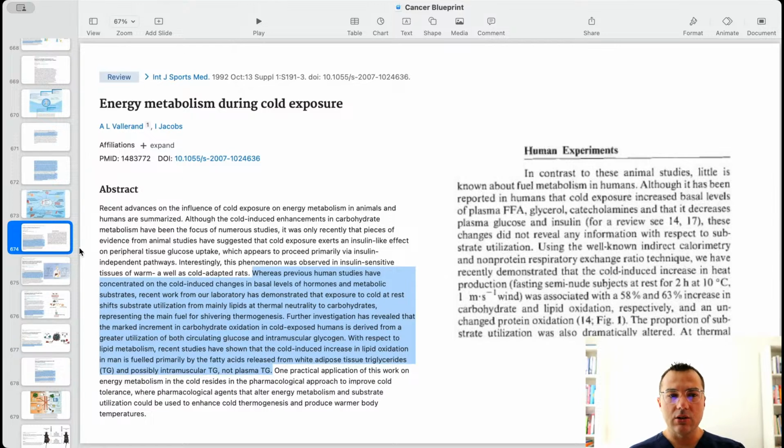So I guess looking at cold exposure from a non-cancer related perspective, it seems that even though we don't have robust trials on cold's ability to have us lose weight, it makes a ton of sense that it would.